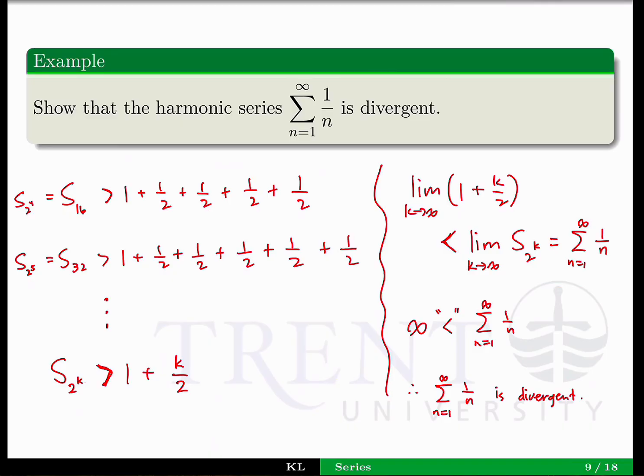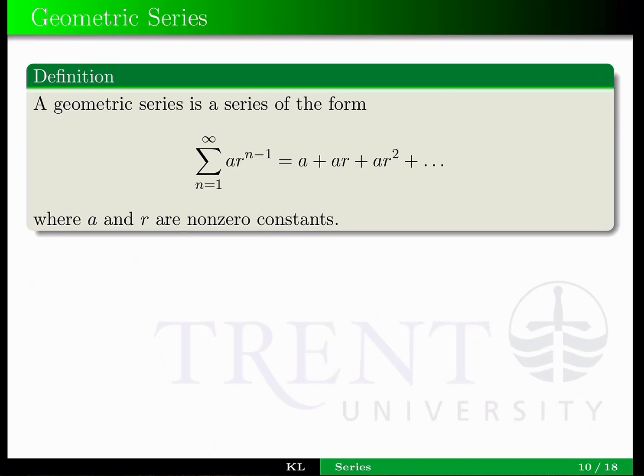Now, let's have another series here. We call them the geometric series. Geometric series, this is a series of this form. Sum a times r raised to n minus 1 from 1 up to plus infinity.